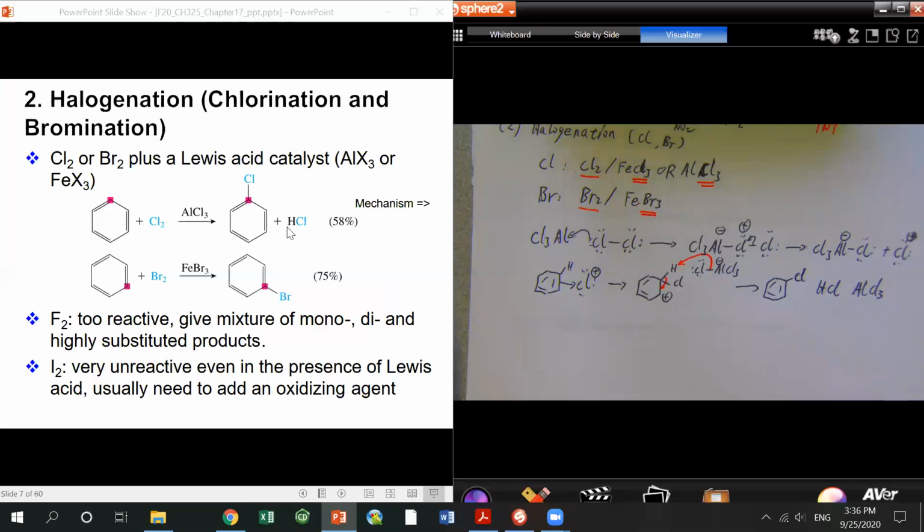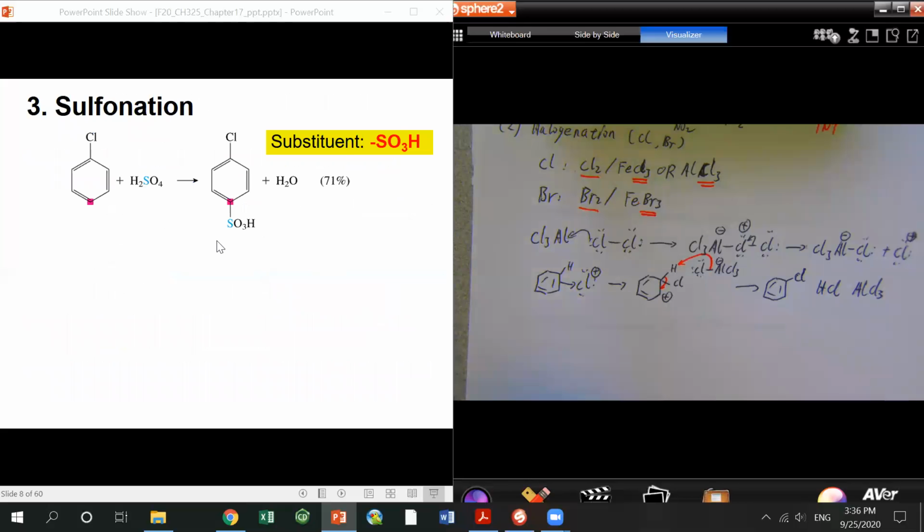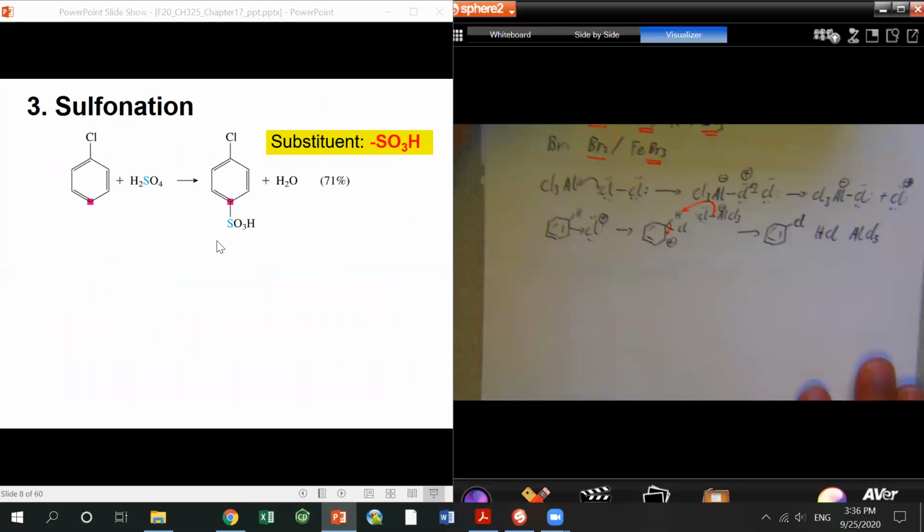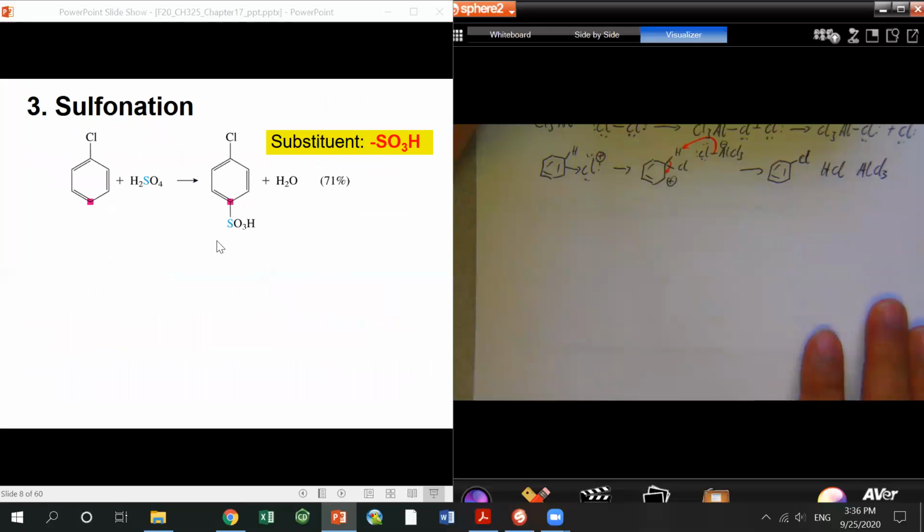Only for chlorine and bromine do you get very decent yield. Okay, so next we'll learn the third ES reaction, sulfonation.